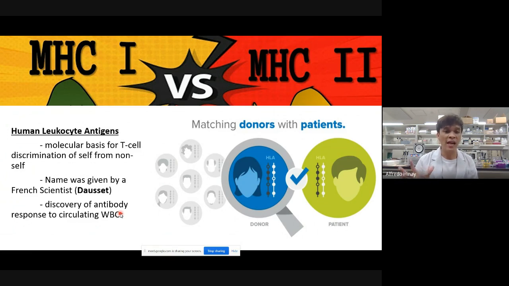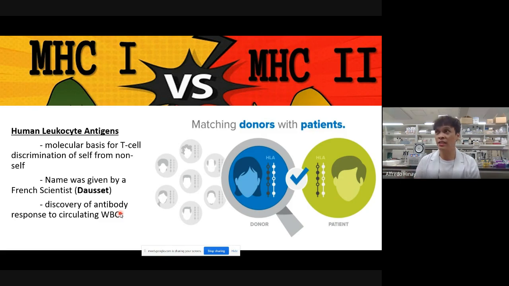It was the discovery of an antibody response to circulating WBCs. Then they termed it human leukocyte antigen because there are circulating antibodies that will direct to specific WBCs. Then these antigens are called human leukocyte antigen.